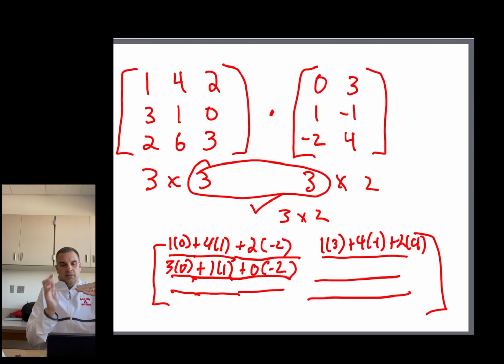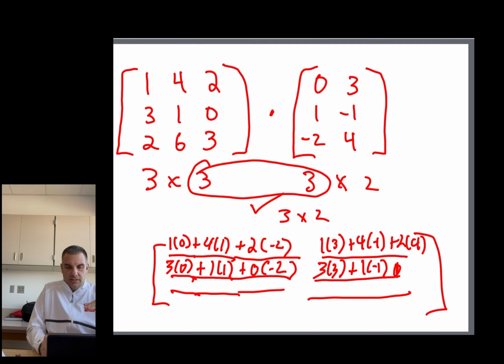Second row, second column. 3 times 3 plus 1 times negative 1 and 0 times 4. Now we go to the third and first. 2 times 0, 6 times 1, 3 times negative 2.